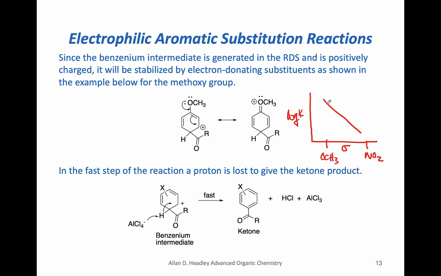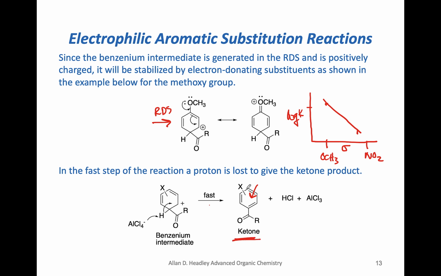You can see that the OCH3 will have a faster rate in the RDS, and an NO2 would have a much slower rate because it is destabilizing this cation here. So this is the rate determining step to create this, and in the fast step we get back our aromaticity and our final organic product.